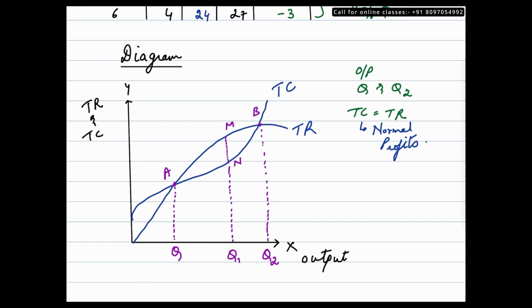So as we move ahead from point A towards the right or towards point B, we see that this vertical distance between total revenue and total cost widens up, right? And it is the widest over here at M and N. So vertical distance between TR and TC is maximum at MN.